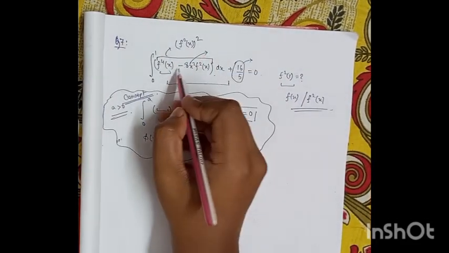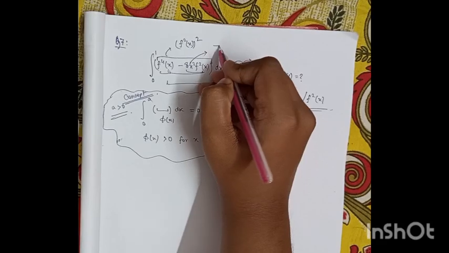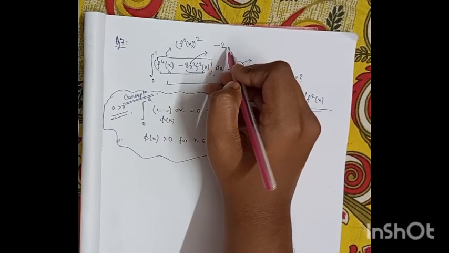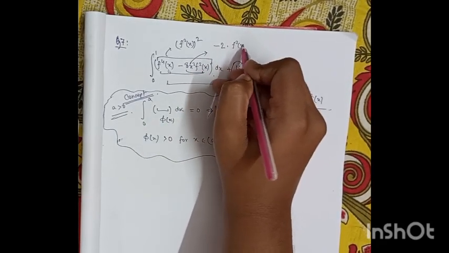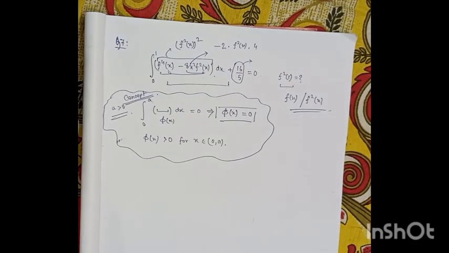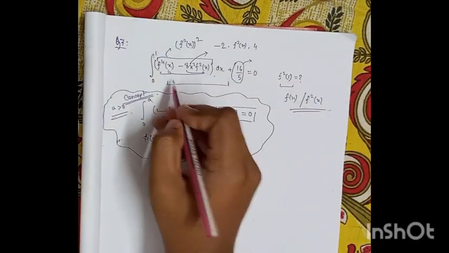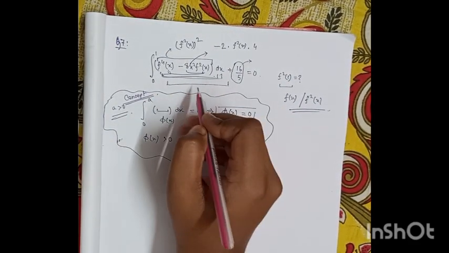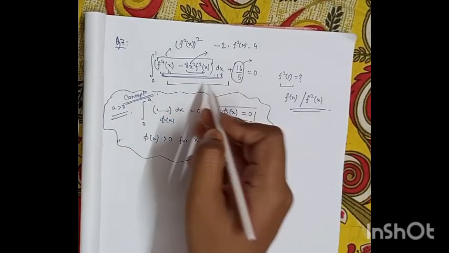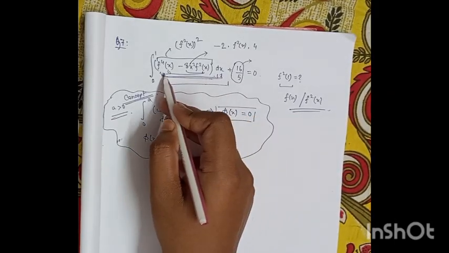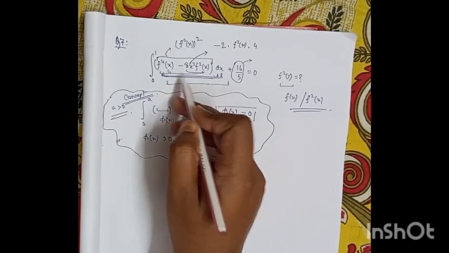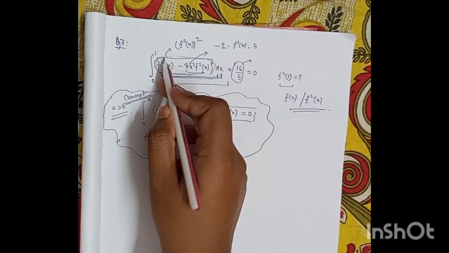Similarly, this term we can write as minus 2 into f²(x) into 4x². So something like a square completion is striking my mind here, and I am trying to complete this square.